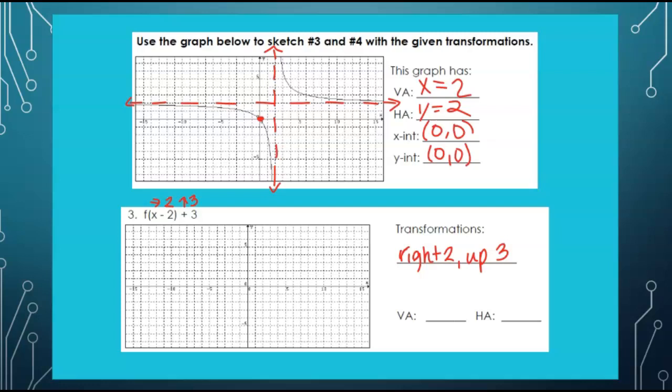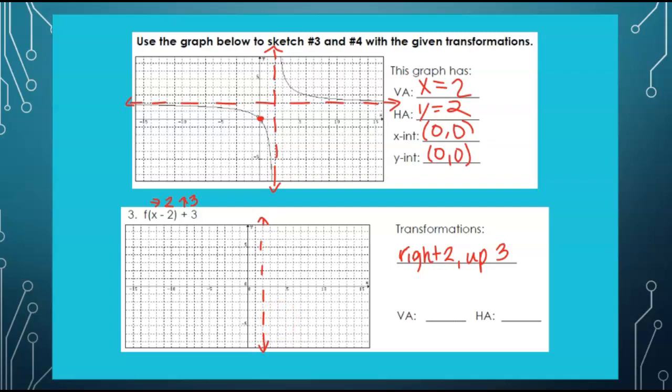So instead of shifting the hyperbola, we're going to shift the asymptotes because you can still kind of figure out where everything should be if you shift the asymptotes. So originally, I had an asymptote that was vertical at x equals 2. So I had this right here. But where do I need to shift this?